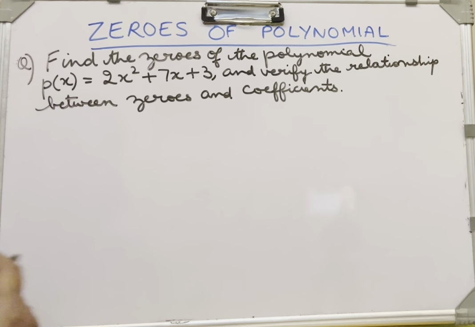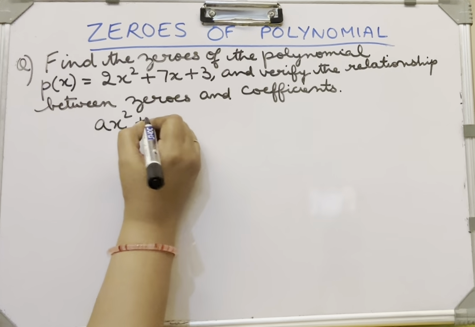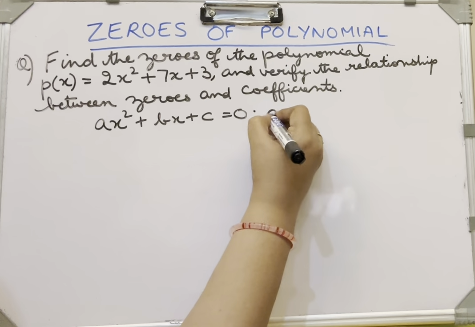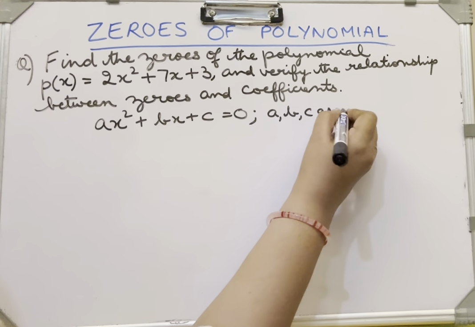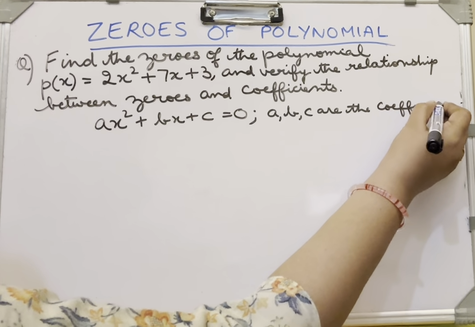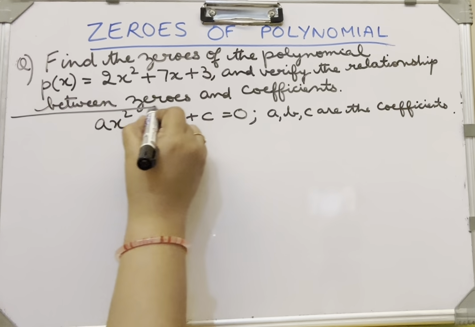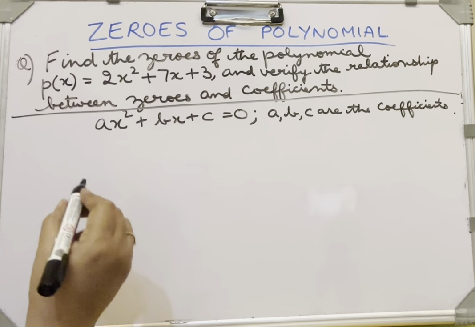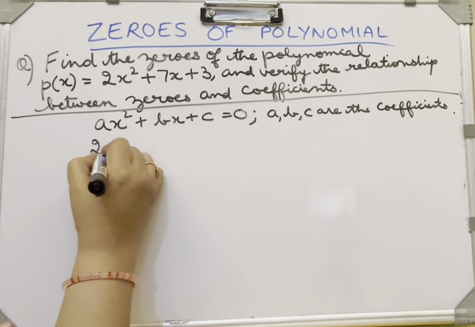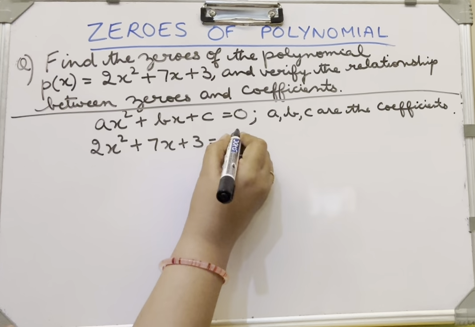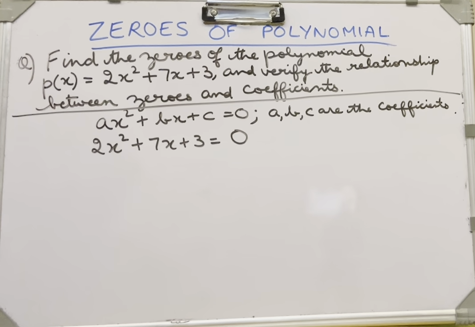Now we know that the general form of a quadratic polynomial is ax square plus bx plus c is equal to 0, and here a, b and c are the coefficients. Now let's begin solving. Here we have to find the zeros of the polynomial 2x square plus 7x plus 3. Now we will equate it to 0 in order to find the zeros.